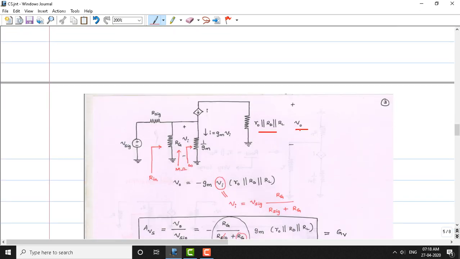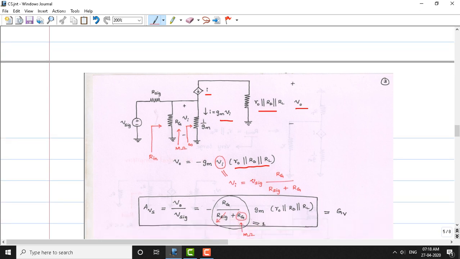Now we can calculate the output voltage across this resistance. The output voltage equals minus I times the resistance value, where I is Gm times Vi. So V naught equals minus Gm times Vi times the total resistance, r naught in parallel with capital RD, in parallel with the load resistance RL.